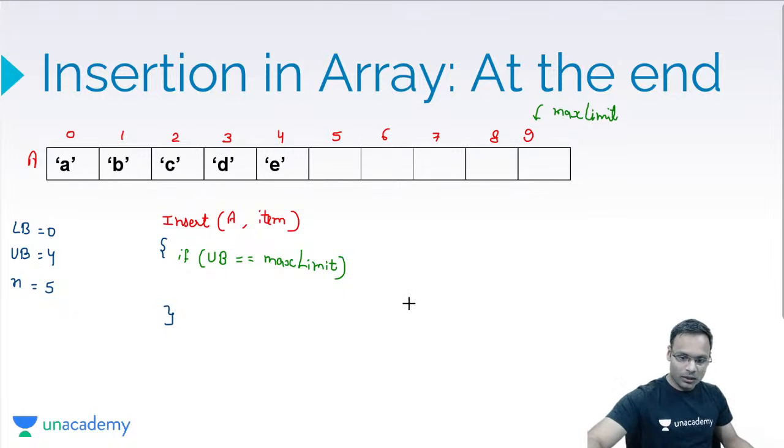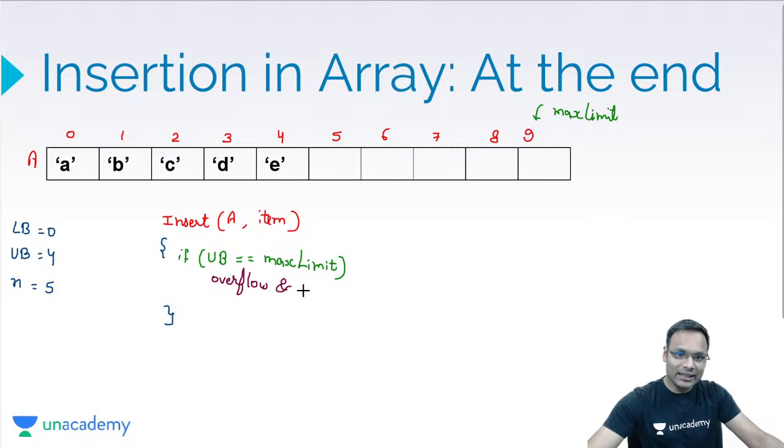Right? Now, what happens? Look at this. What happens in that particular case? I can say overflow. So it will return overflow, and then we will return from the algorithm. Done. We cannot perform insertion. If we can perform insertion, meaning this condition is false, what exactly will I do? On this index, I'll have to insert the new element.